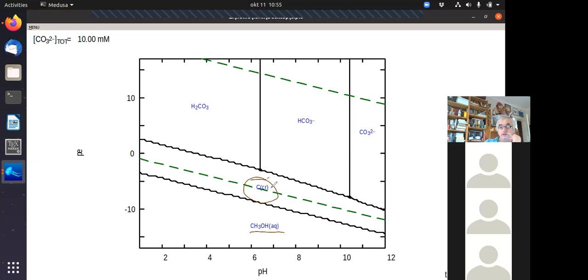But what was changed for this diagram? What parameters? I deliberately deleted the presence of methane. Ah, okay. To emphasize that the diagrams are constructed from what we know and from the constants that we know. Maybe if we go down in the sea and do some analysis, we find methane, and this is not present from the Pourbaix diagram.